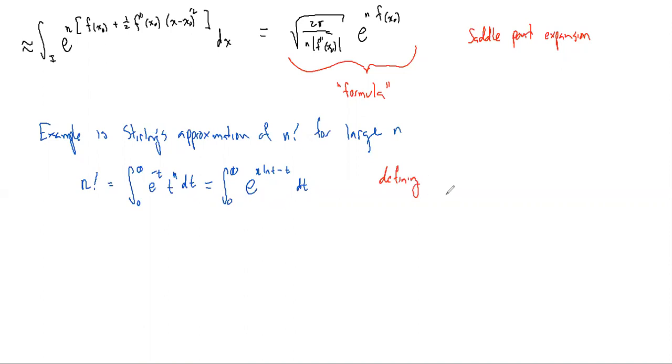So this doesn't quite look like the formula where an n is in front of everything. So we'll define a new variable y, which is equal to n times t. And then with that, we have this in a suitable formula.